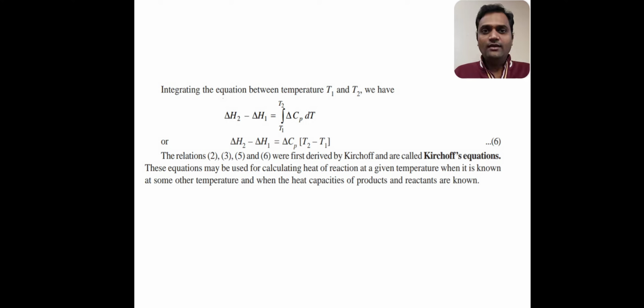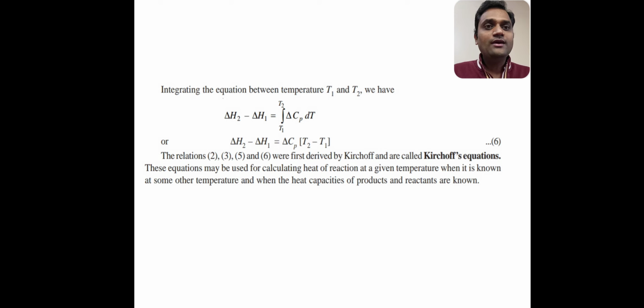Now again we integrate that equation between temperature T1 and T2. Here comes delta H2 minus delta H1 is equal to the integration of delta Cp dT from T1 to T2, or delta H2 minus delta H1 is equal to delta Cp, which is common, times (T2 minus T1).